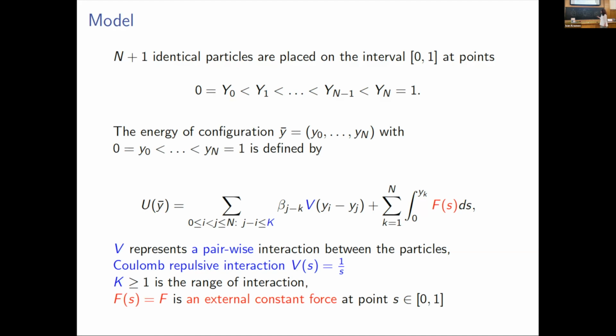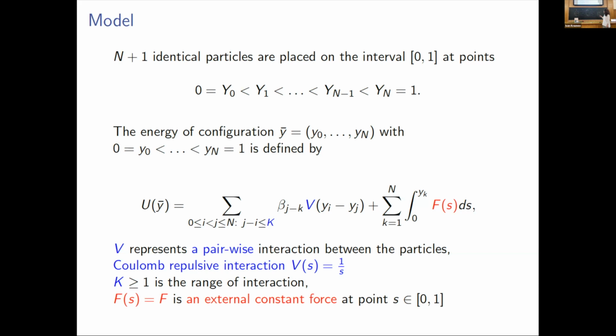The betas are coefficients, positive constants. V is the interaction potential between particles at points i and j. We say that these are particles at points y_0 up to y_n, and that the two particles at the ends are fixed.